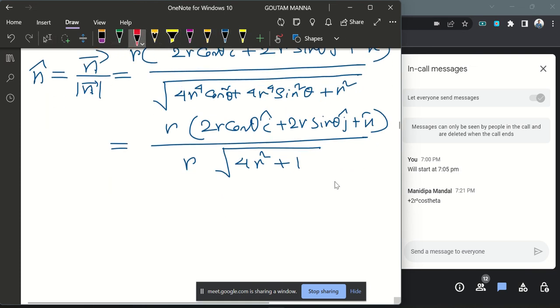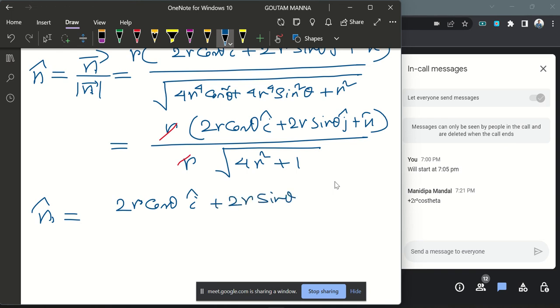This r and r will cancel, so then n hat is 2r cos theta i hat plus 2r sin theta j hat plus k hat divided by root under 4r square plus 1.